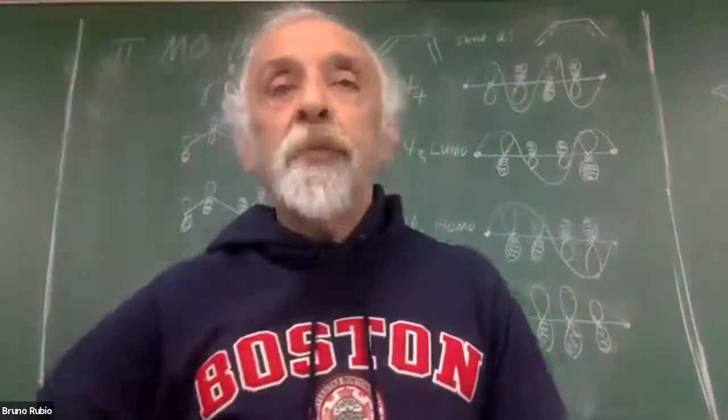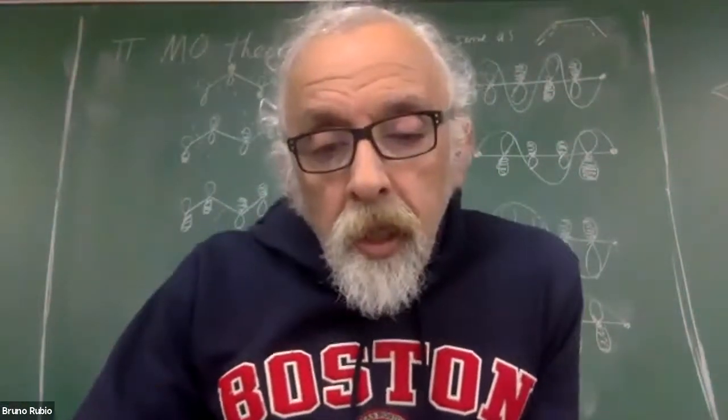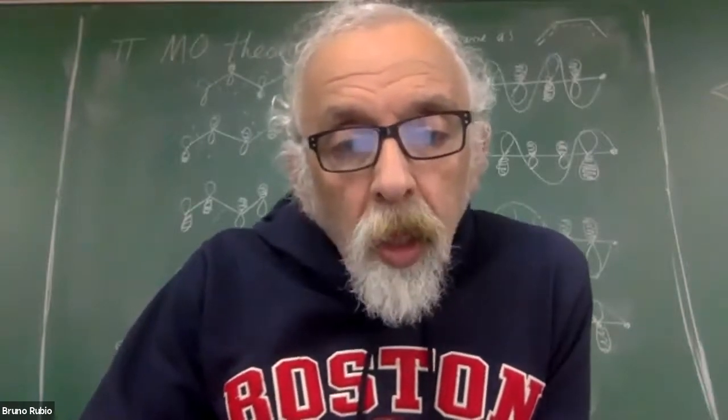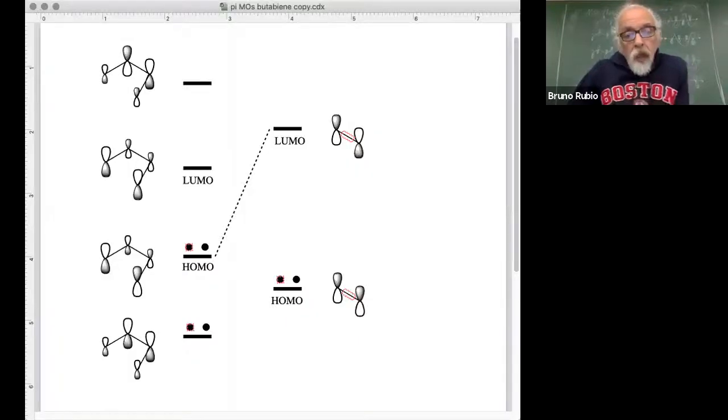Okay, so now let's put it all together. What I have here, I hope you can see this, is that I've drawn the molecular orbitals of butadiene over here, and I've drawn the molecular orbitals of ethylene over here.